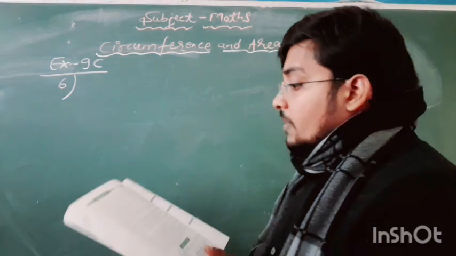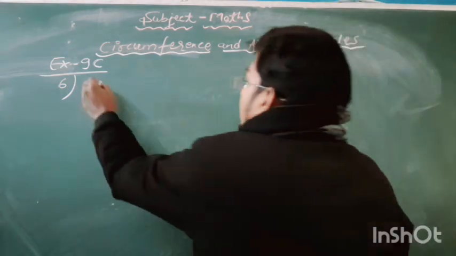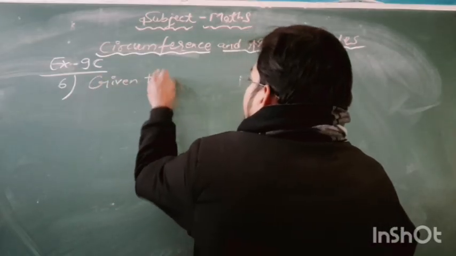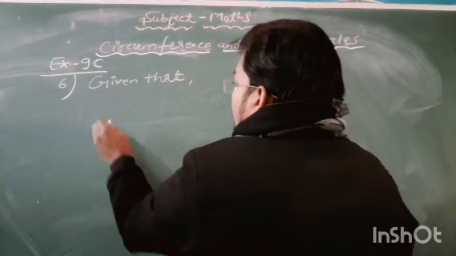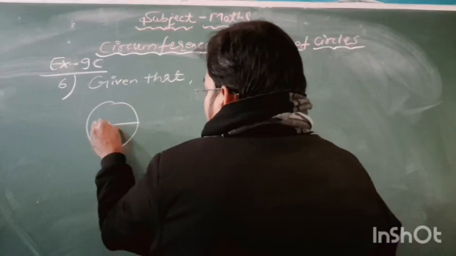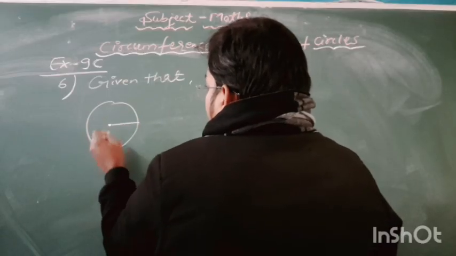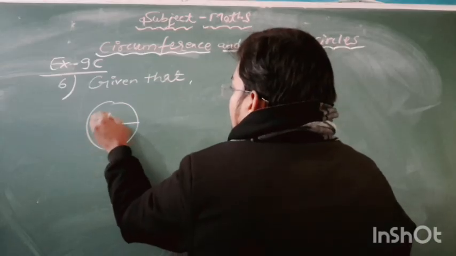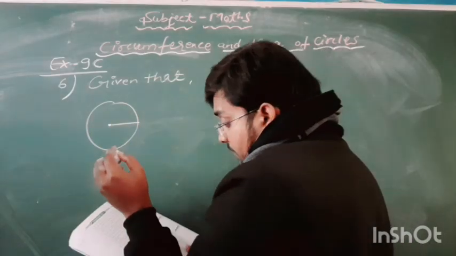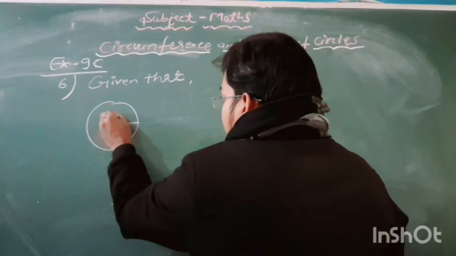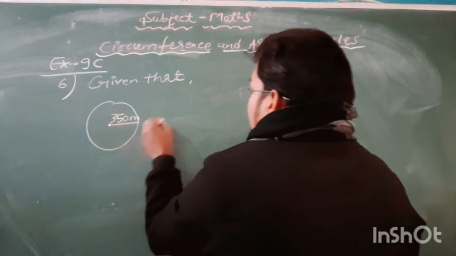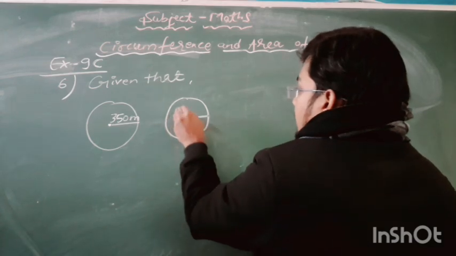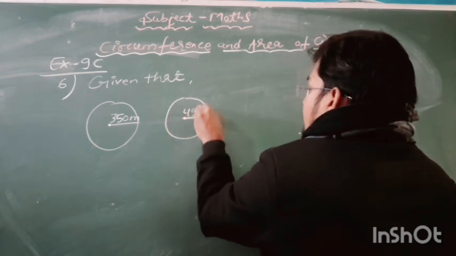So in the problem it is given that we have two circles, and the first circle has radius 350 meter, and the second circle has radius 490 meter.